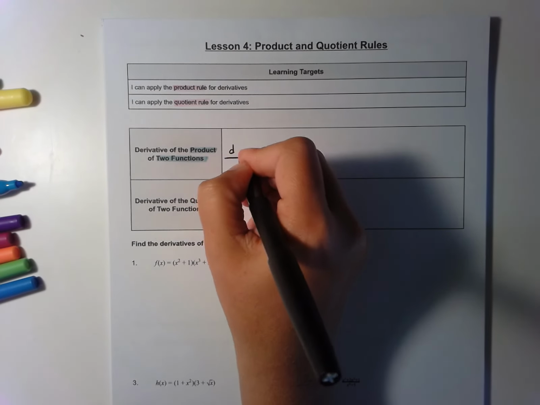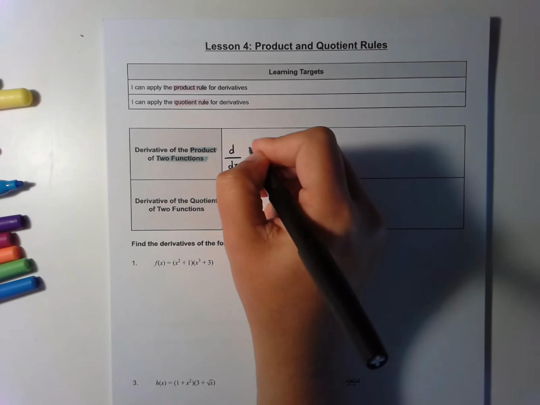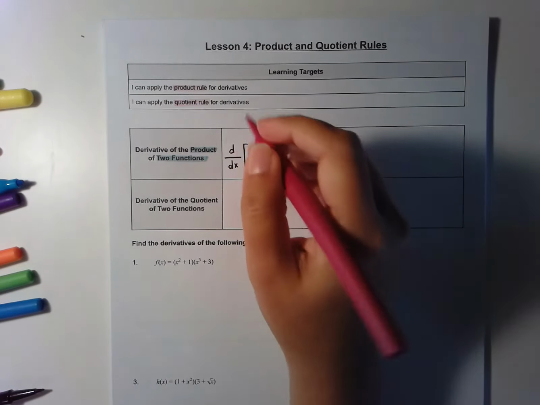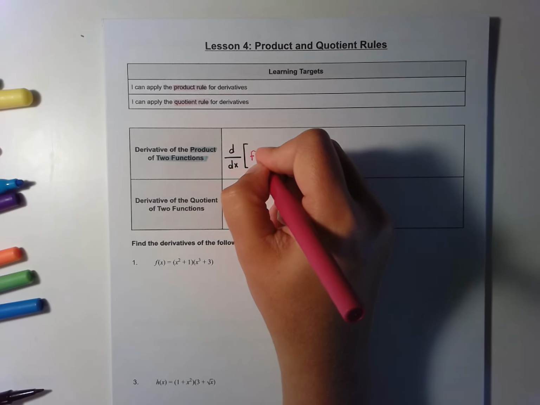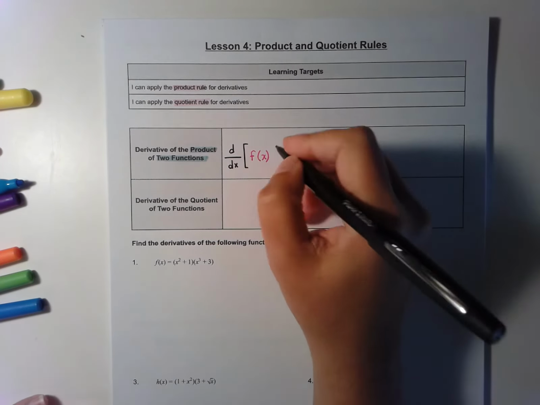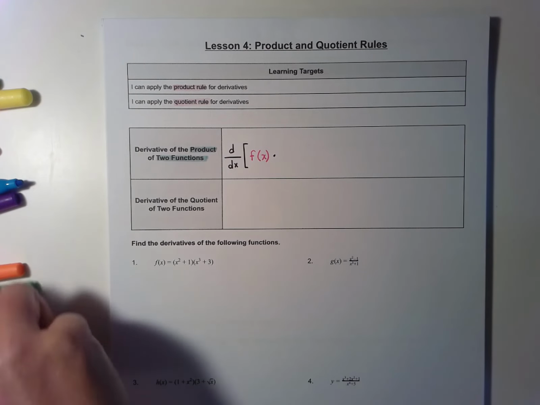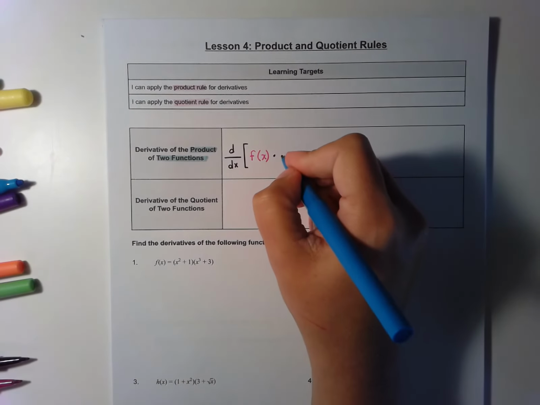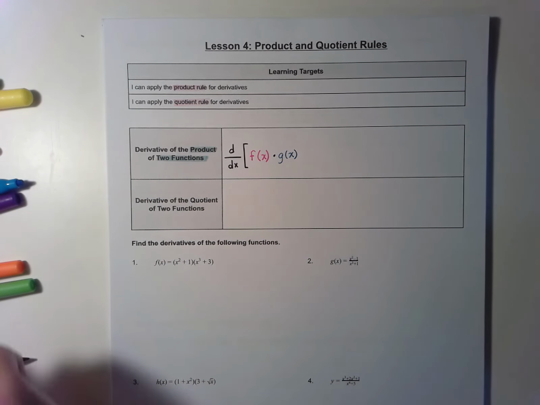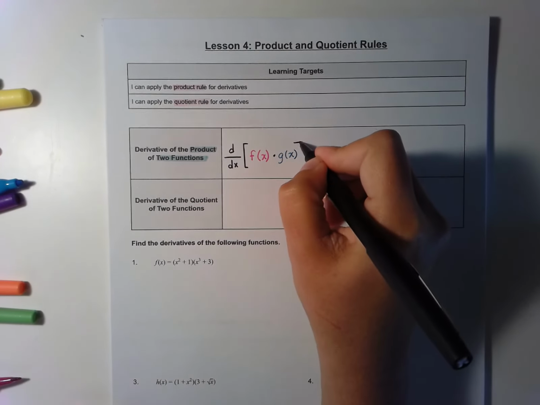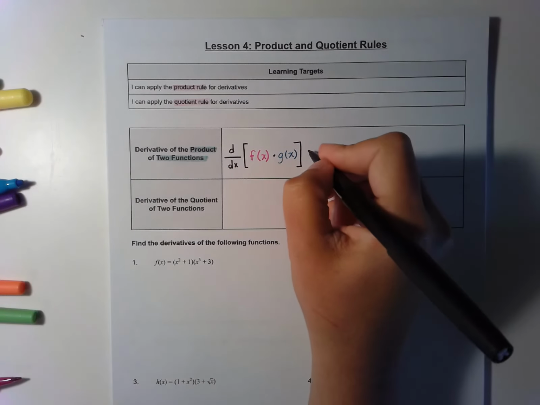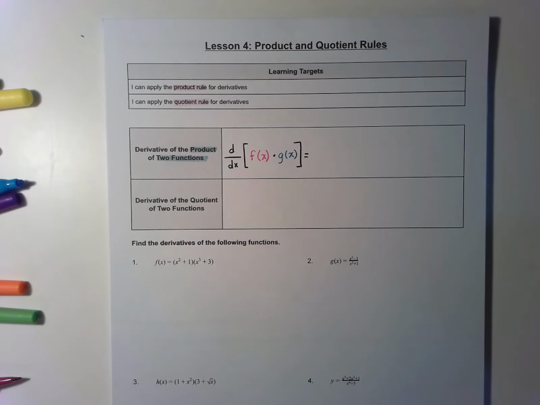So d over dx means find the derivative of the product of two functions, which means we're going to have a function that I'm going to call f of x times another function which I will call g of x. So if you ever see a function or an equation where it says you have two functions multiplied together, then when you find the derivative, you need to follow this rule.